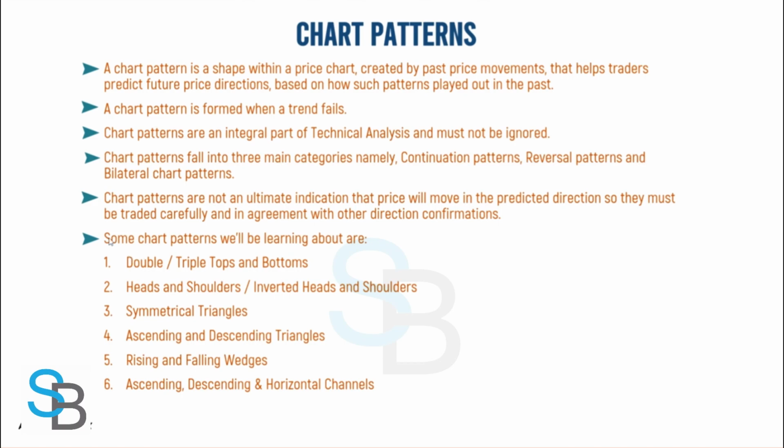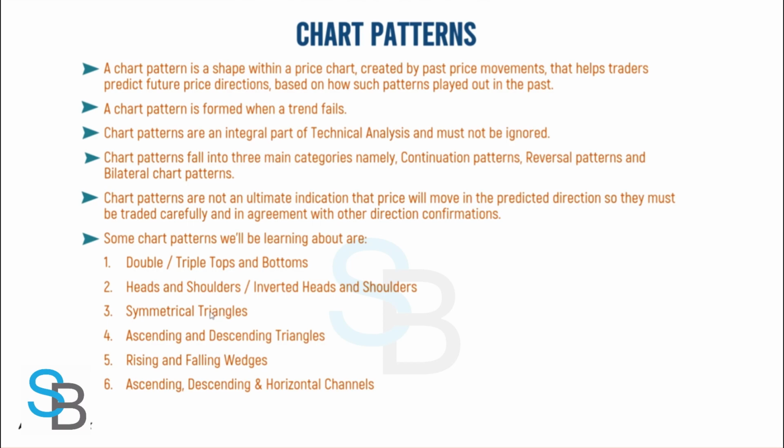Some chart patterns we will be learning about are double tops and double bottoms, and triple tops and triple bottoms. Then we'll be looking at heads and shoulders and inverted heads and shoulders, and then symmetrical triangles.